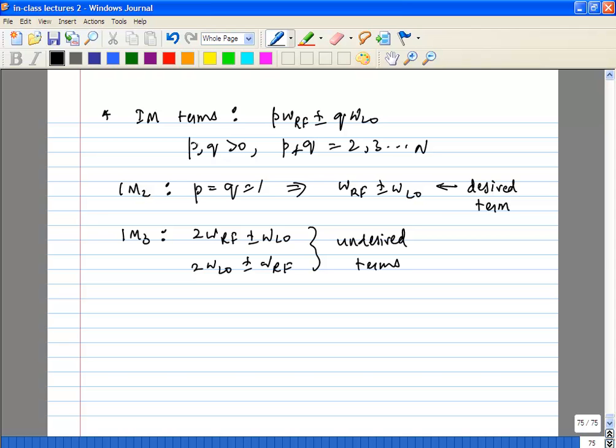Let's consider a general second order system and see what we see at the output if we give a certain RF and LO input. These are called square law mixers.